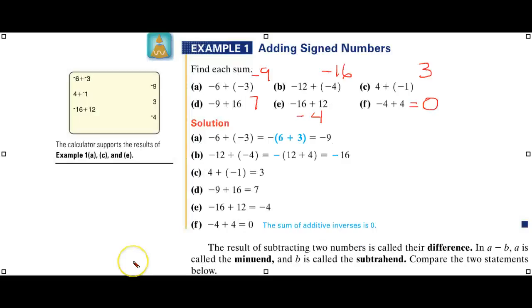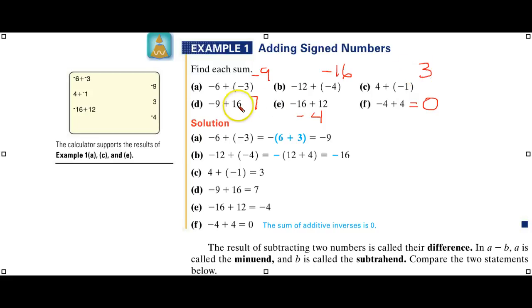Now, as we do these, notice that here we have two negatives that we're adding together, so it's just a larger negative value. Again, they're both negative, just a larger negative value. Here one's negative, one's positive. So we subtract the smaller from the larger, get a 3, use the sign of the larger absolute value, which is positive.